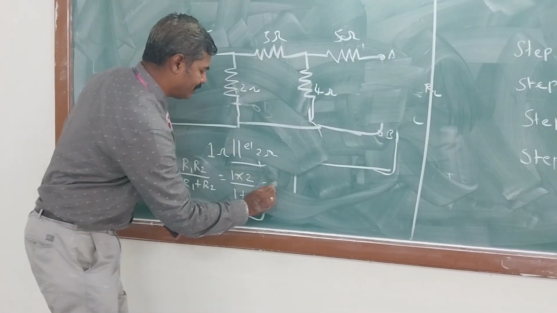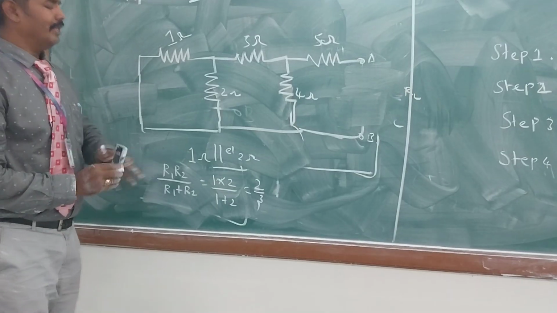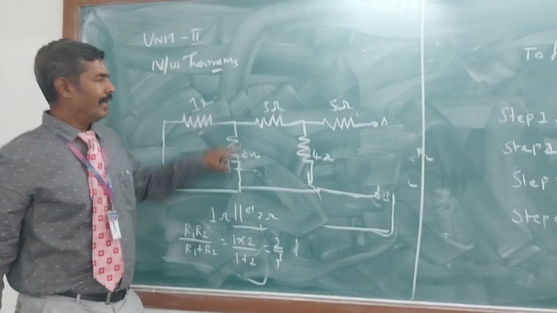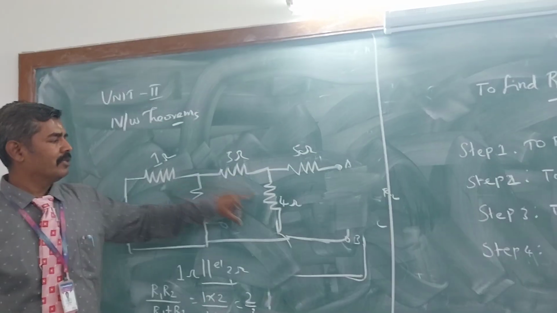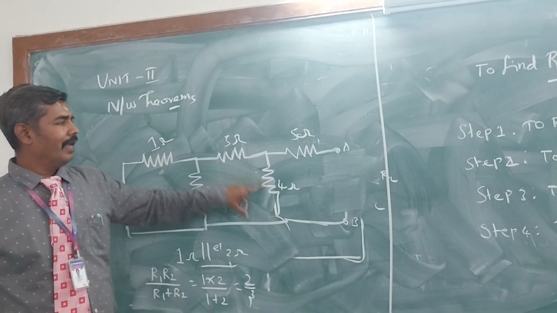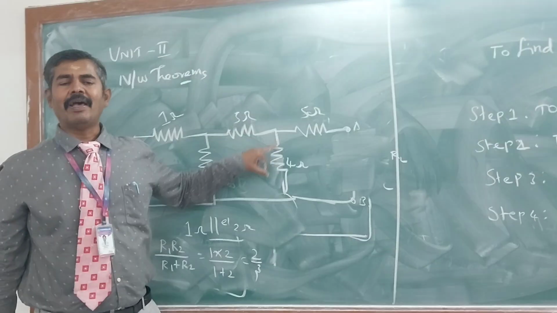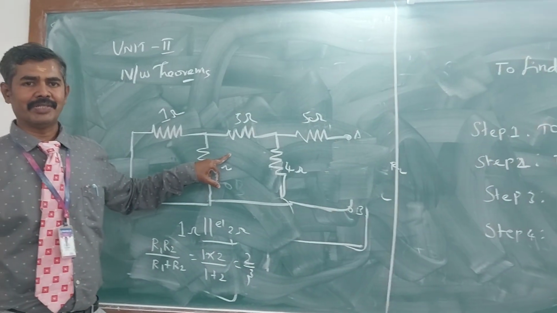We get the answer 2 by 3. This 2 by 3 is in series with the 3 ohm, so you add these values. The R equivalent you get is in parallel with 4 ohm. Again the R equivalent you get is in series with 5 ohm. Finally you find the R equivalent, which is called the Thevenin resistance.